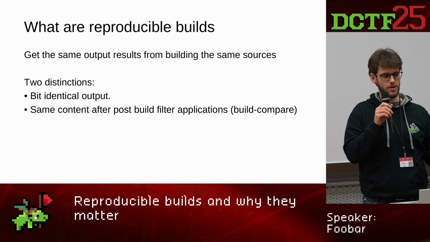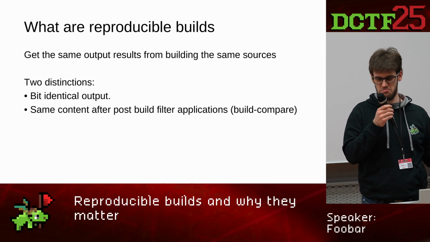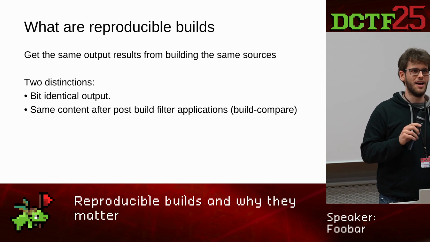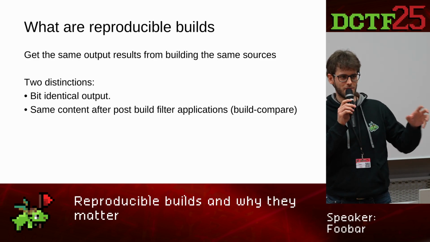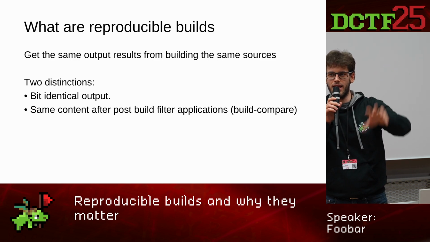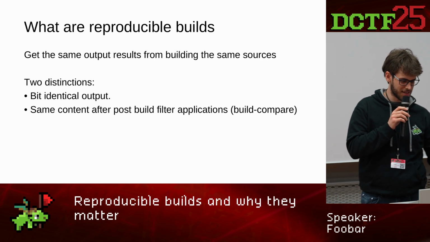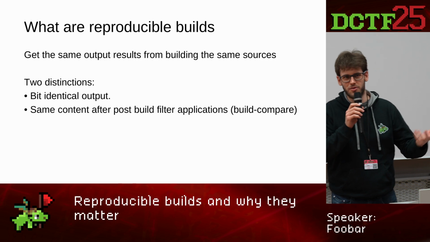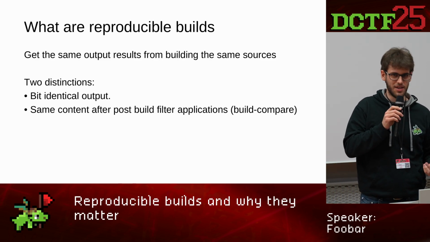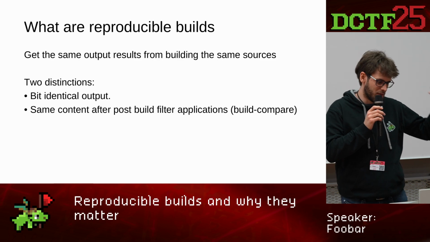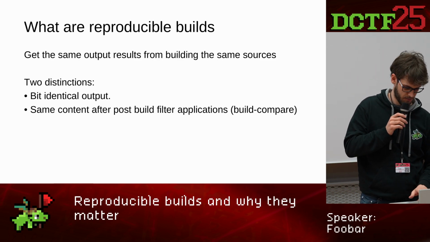So we can say, okay, this bit is not reproducible, but we can guarantee that everything else is reproducible. That's less desired because we have to do more work as maintainers to build the packages and make sure they're reproducible, and when the upstream changes things, we have to fix our filters.